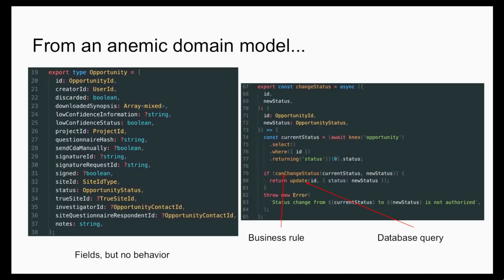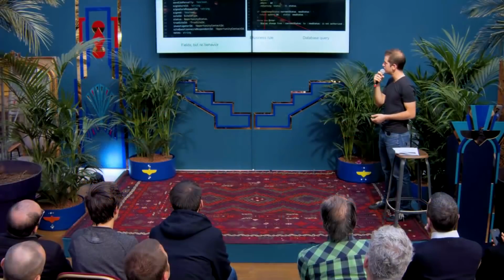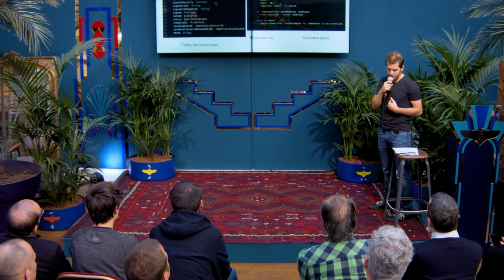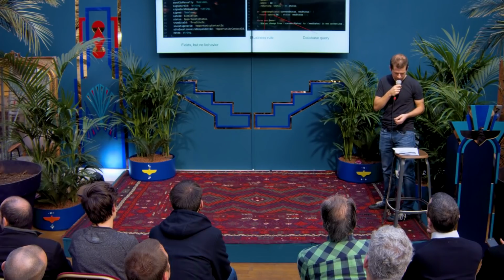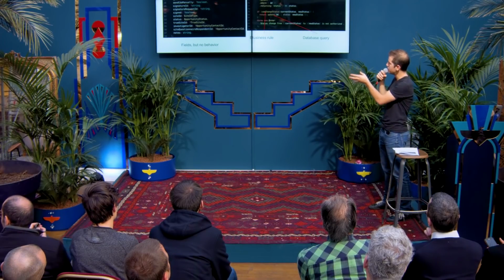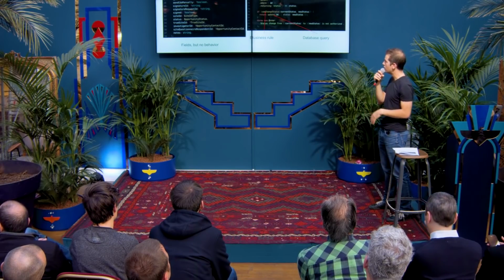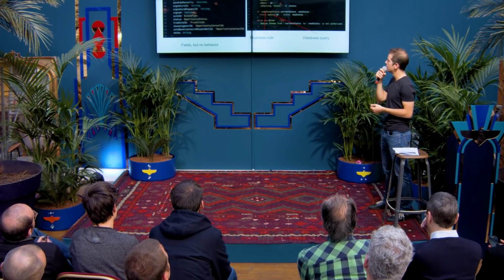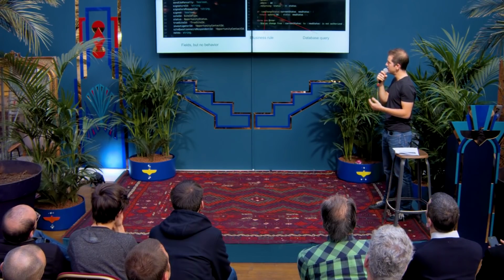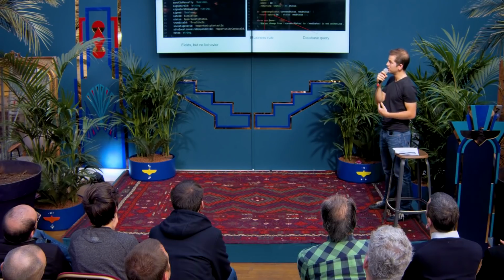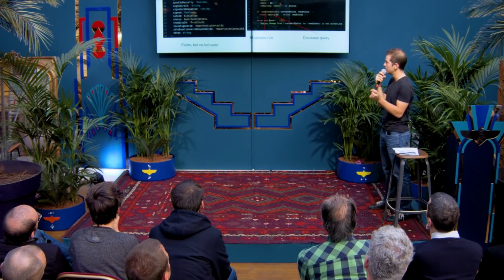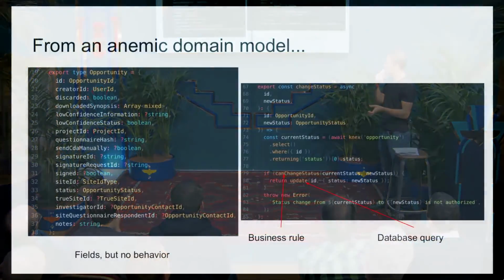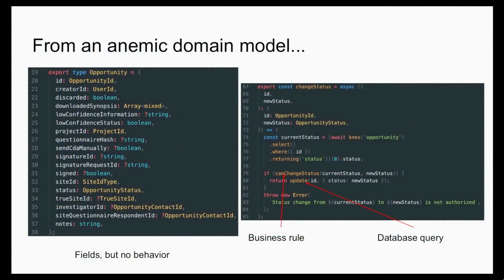Opportunity is a really important object in our business at Inato. So that's why I took it. And you can see on the left, it's just a long list of fields. This object is really flat. It's flat because it matches well with the way the data is stored inside the database. So that's why our domain object is flat.